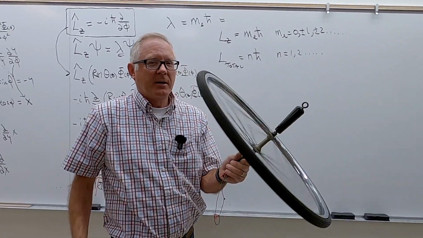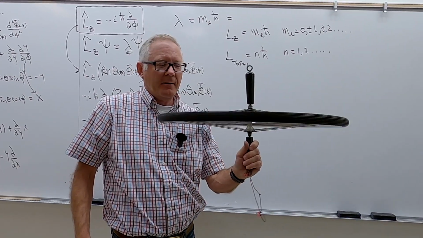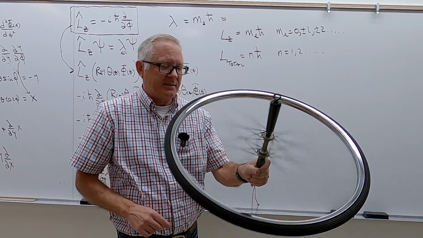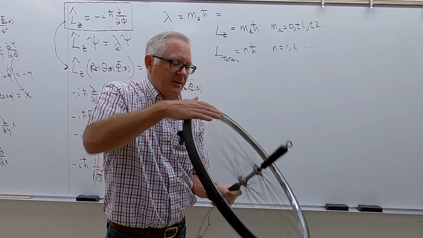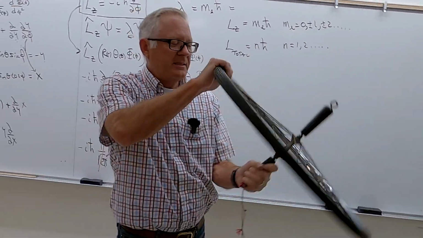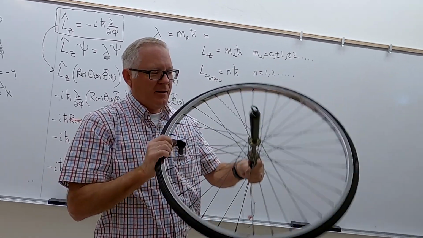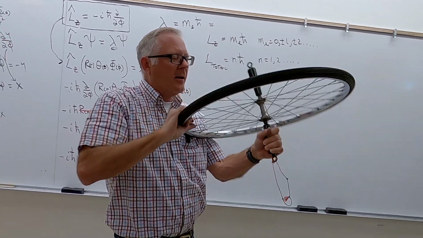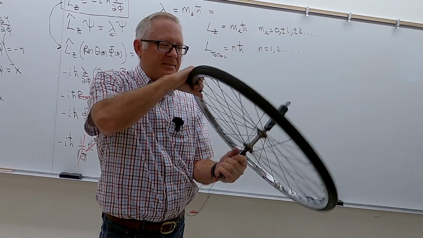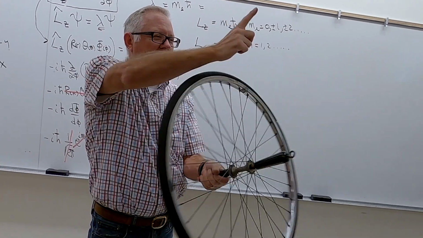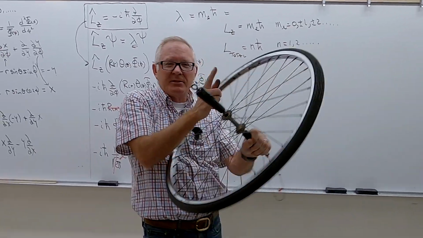We'll see later what happens instead. This thing likes to precess like that. You notice when it precesses, you're never in a plane, but the z component always stays fixed, because this angle is staying fixed.